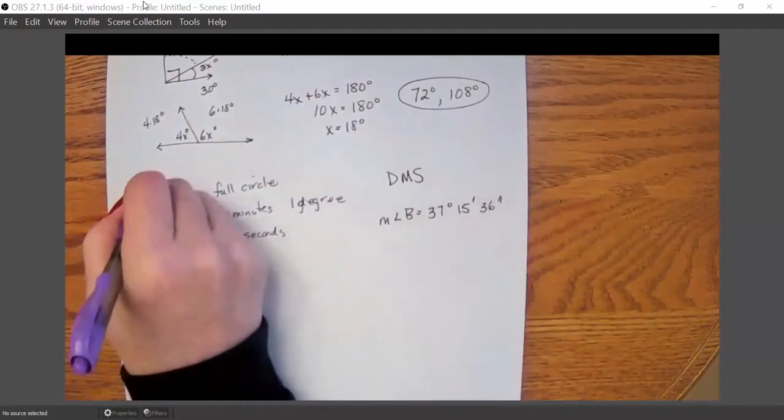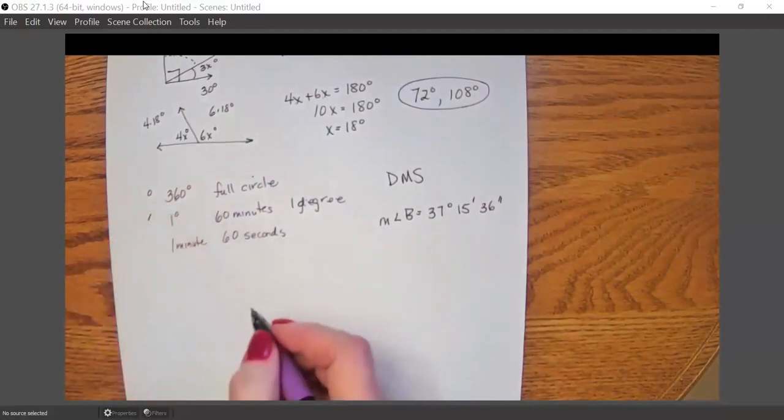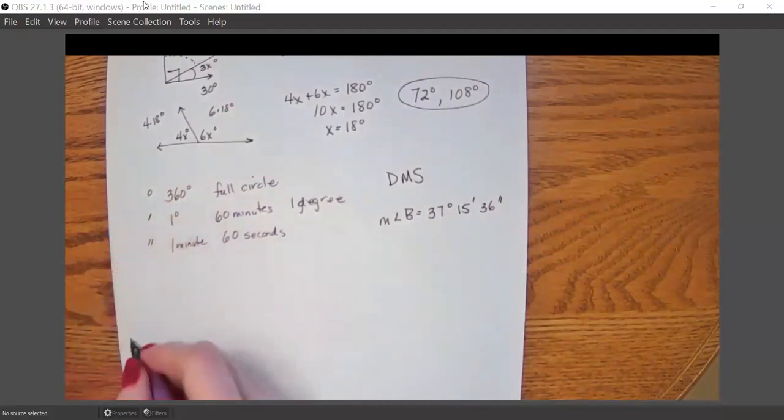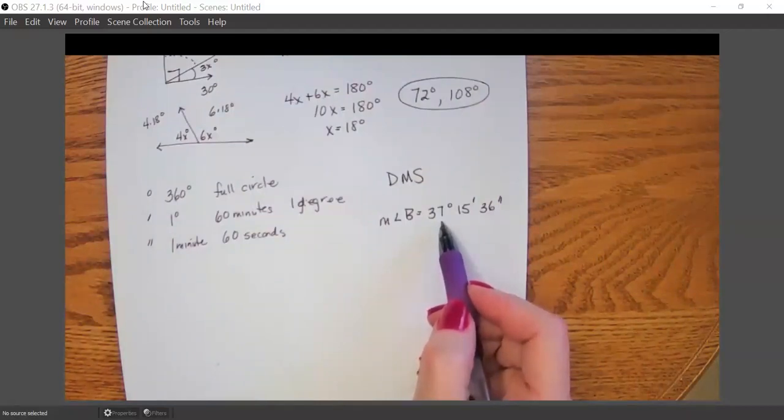So a degree has the little circle symbol, a minute has a single tick, and seconds have 2 ticks. This angle would be a little larger than a 37-degree angle, but smaller than a 38-degree angle.